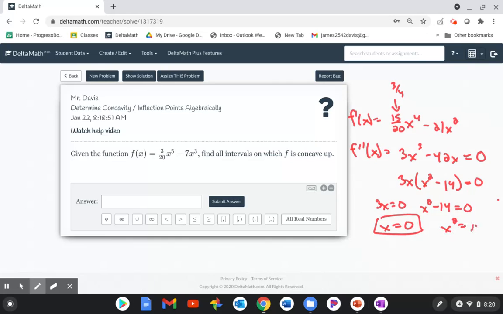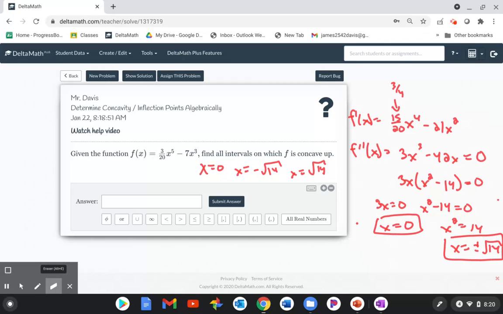For the second, x squared equals 14, so x equals plus and minus radical 14. Make sure you do not forget that plus and minus portion of it. And we'll just leave it as radical 14. Don't make it a decimal or anything at this point. Just leave it as is. So we have 3 inflection points: x equals 0, negative radical 14, and positive radical 14.